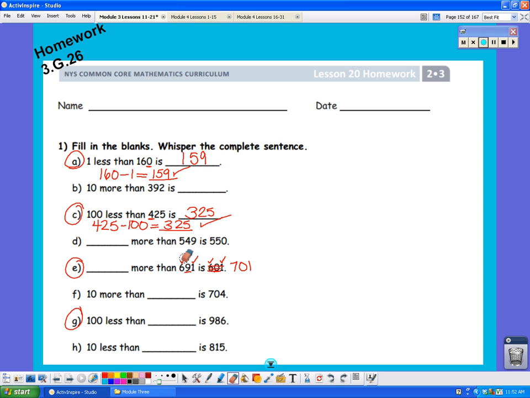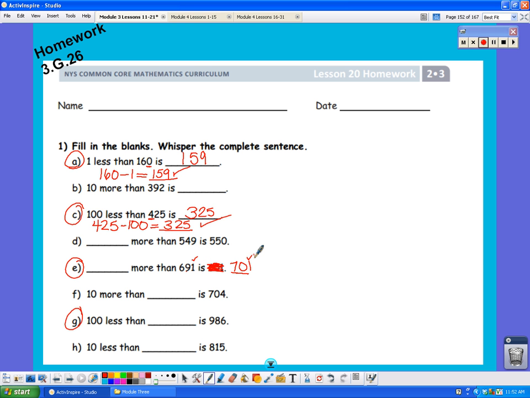So let's erase these checks because we're no longer working with this number. I'm going to cross this out again, pretend like it's not there, and I'm going to check again. I see that my hundreds place is not matching up. I have 600s and 700s. I see that my tens place is not lined up. I have 9 tens and 0 tens. And our ones places are matching up.